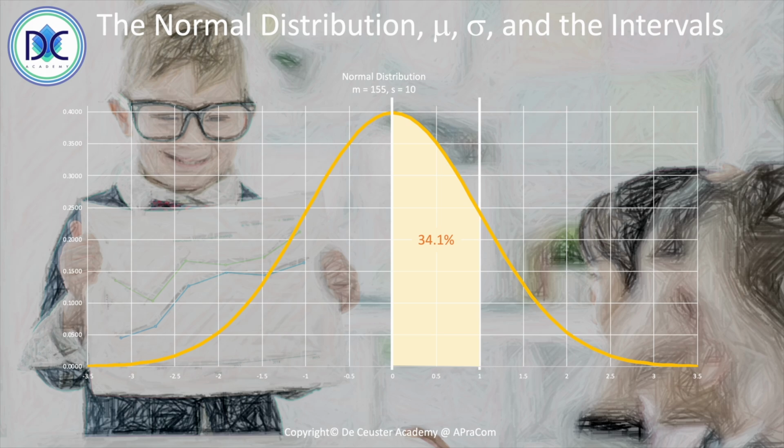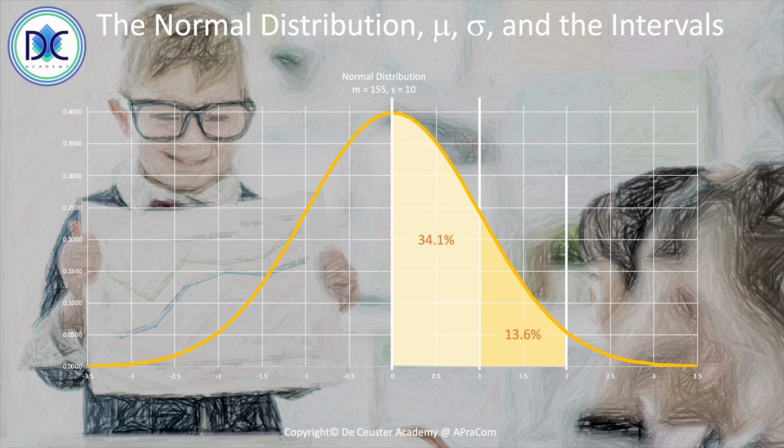So now here between the mean and one standard deviation, we have 34.1%. When we look at the values and we say everything is smaller than the average plus one standard deviation, in our case 165, there is an 84% or 84.1% probability that the measurements will be smaller than 165. So basically that's what we are looking at here.